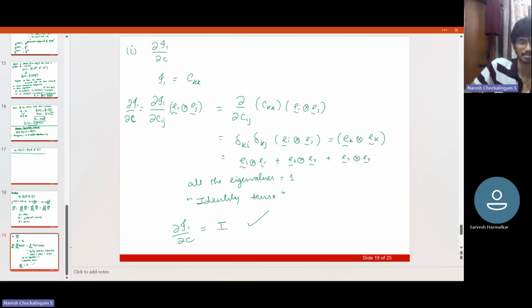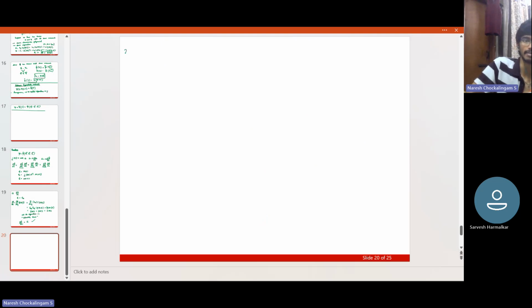So this is done. Then let us look at the derivative of the second invariant. So dou I2 with respect to C is nothing but half of dou by dou C of trace of C the whole square minus trace of C square.